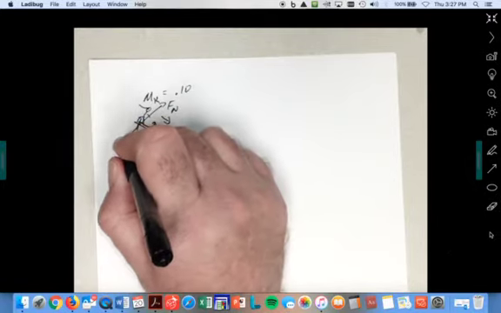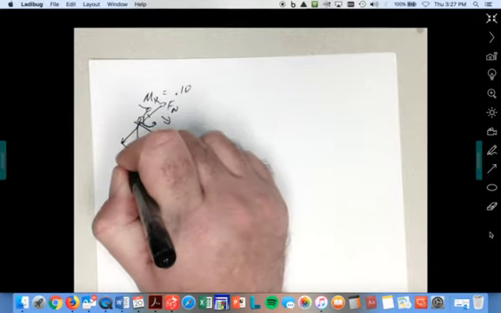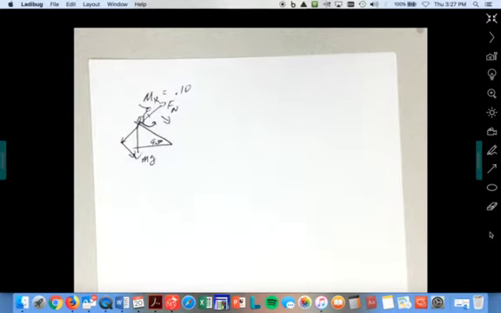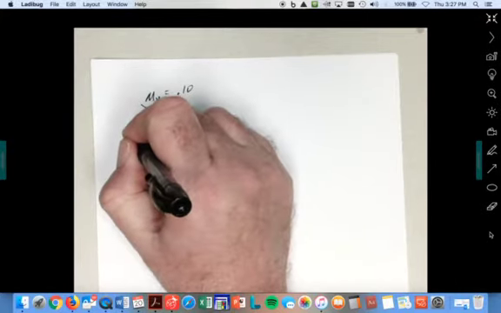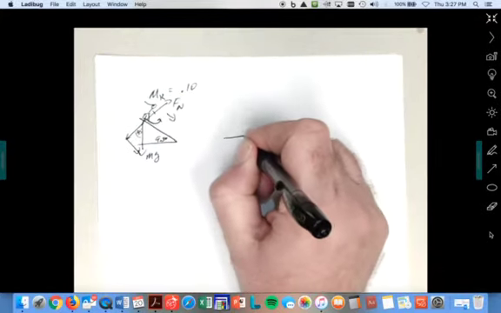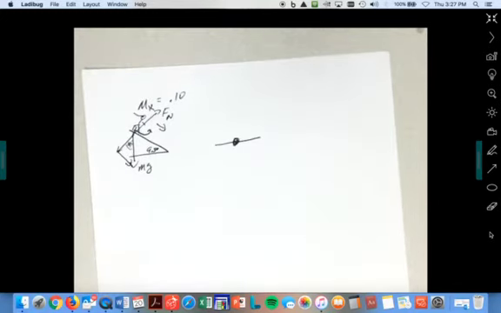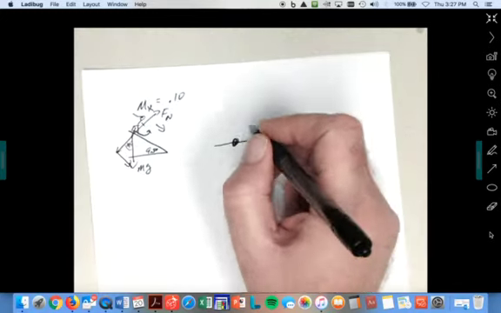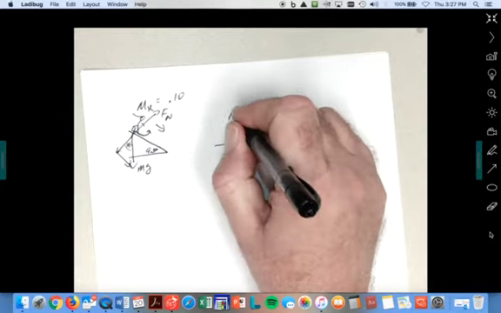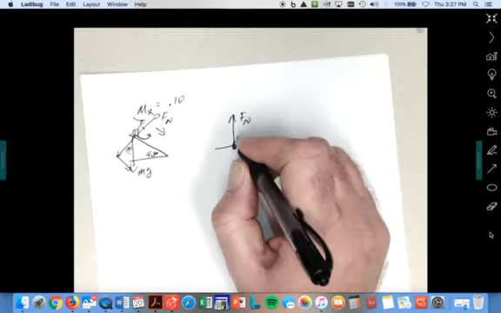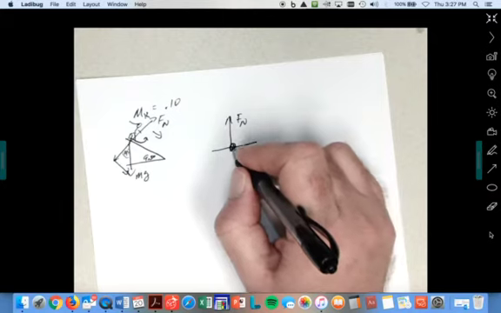You can just go like this and this, and you could calculate it from there because you know that this is 9.5 degrees. But I like to do it flat, and I'm just going to draw the skier's center of mass here and have a force Fn, and then mg is going this way.